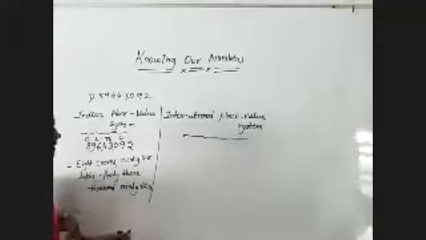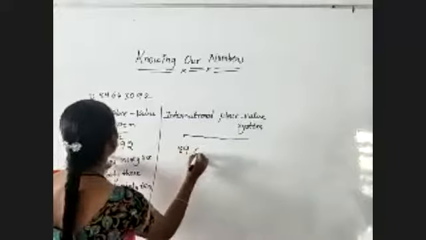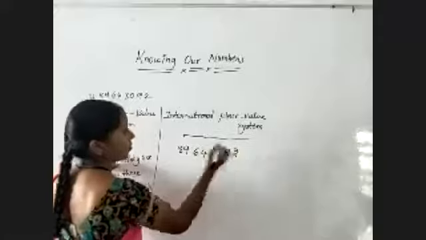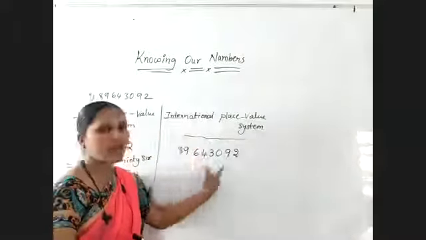Coming to the international place value system, the same number 8964309. What is the main rule? Each period has 3 digits.